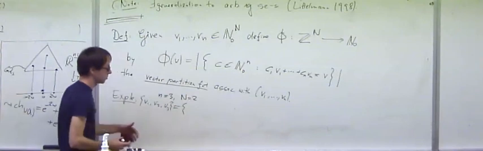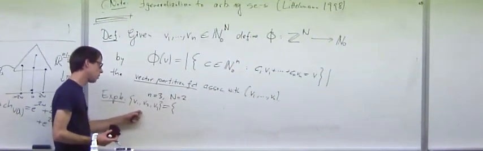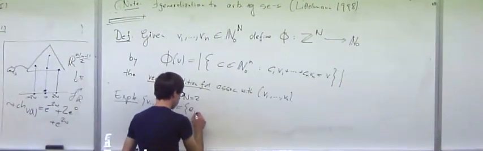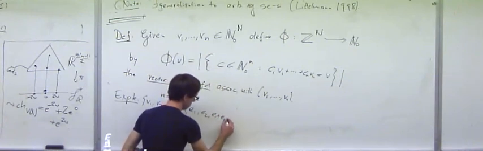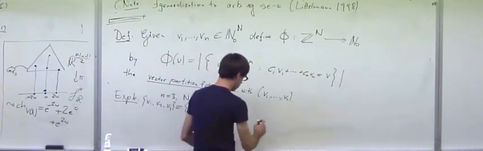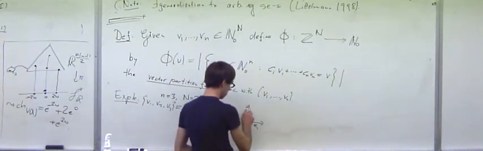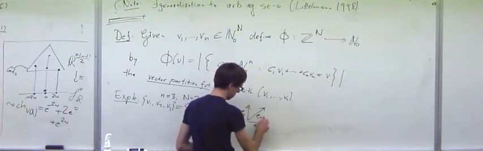So we partition two-dimensional vectors, and we take 3 basic vectors into which we partition, and this should just be E1, E2, and E1 plus E2. So these are this one, this one, this one.